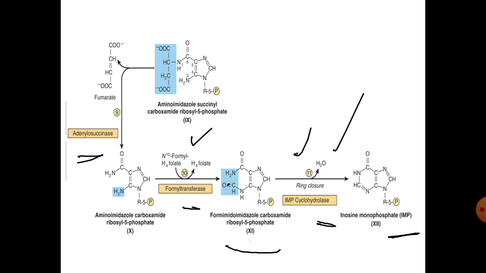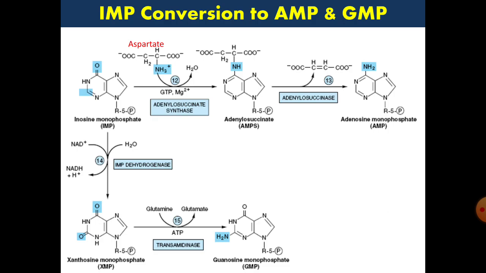So, adenine and guanine, they are the purines, right. Now, this IMP conversion to AMP and GMP, see the beauty, GTP helps in formation of ATP and ATP helps in the formation of GTP.